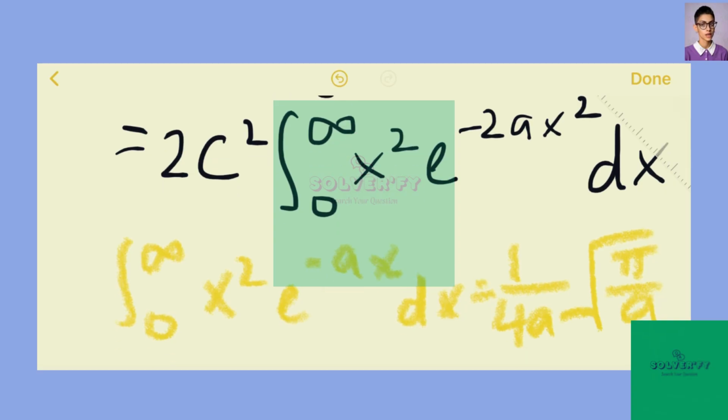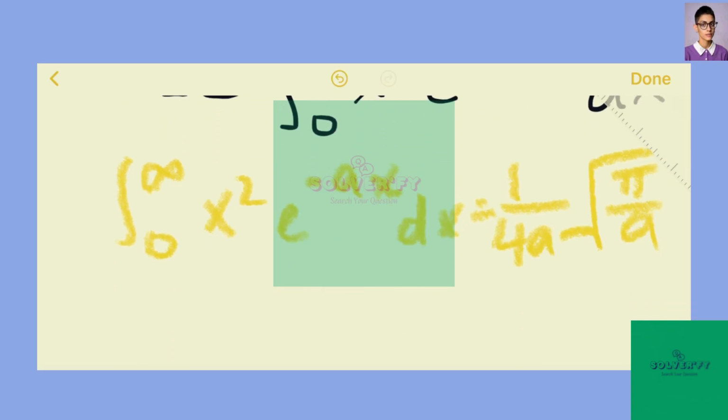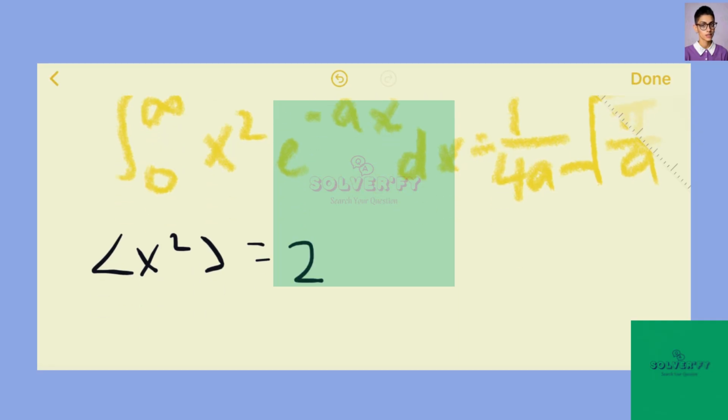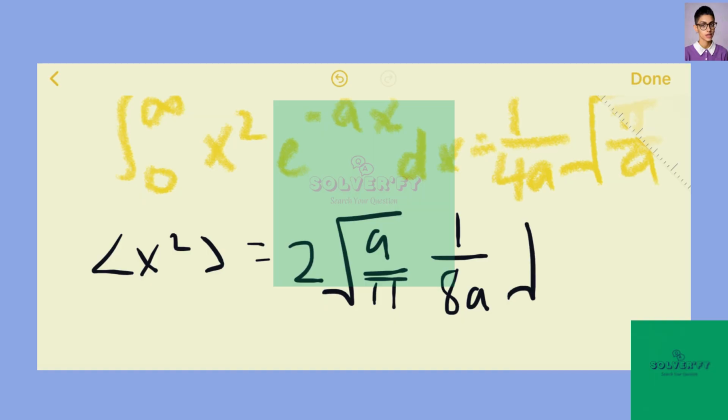So using the hint integral, this gives us that the expectation value of x squared is equal to 2 root a over pi times 1 over 8a root pi over 2a.